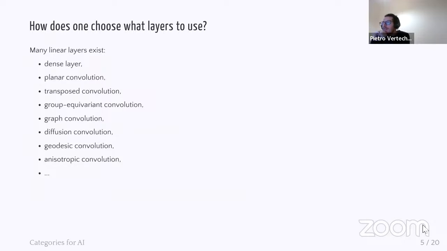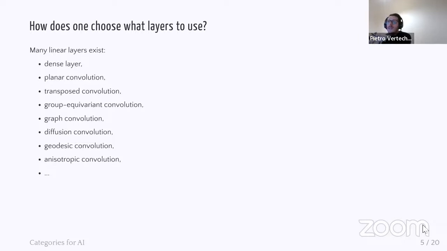And in my opinion, this is one of the hardest things to do in practice in deep learning. How would you choose what layers to use? Even if we restrict ourselves to linear layers, which I will do in this talk, I will not worry about non-linearities or non-linear poolings, but even only with the linear components, many options exist. We have dense layers for unstructured data, so the basic perceptron-like thing.